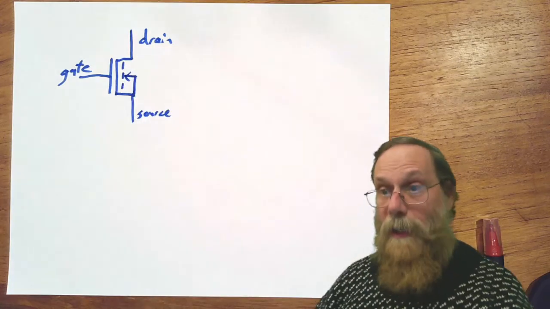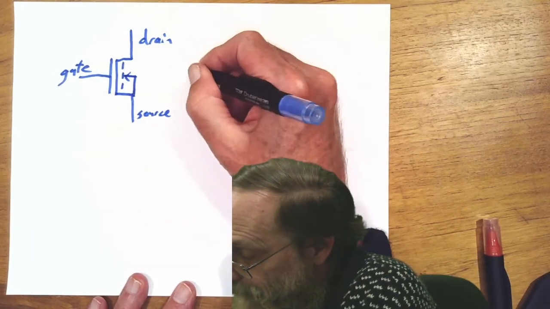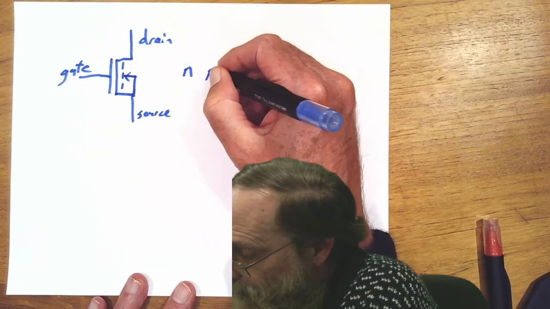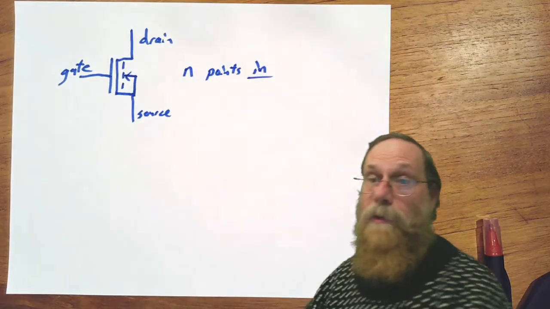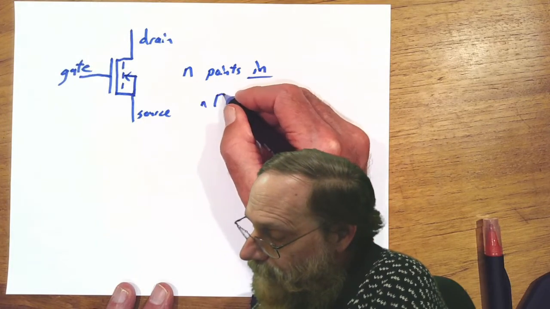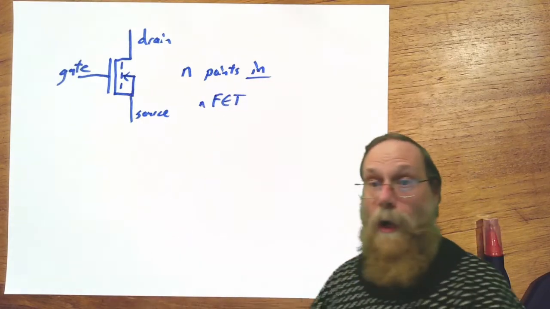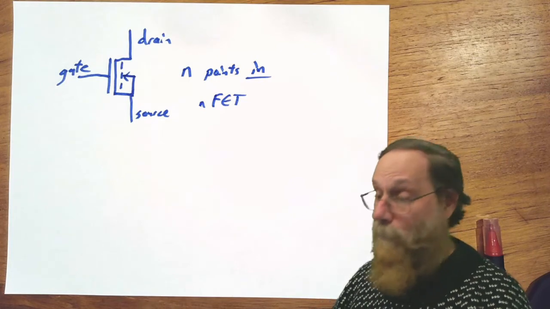The direction of the arrow tells you whether it's an N FET or a P FET. Basically, N points in. So this is an N FET that I've drawn.